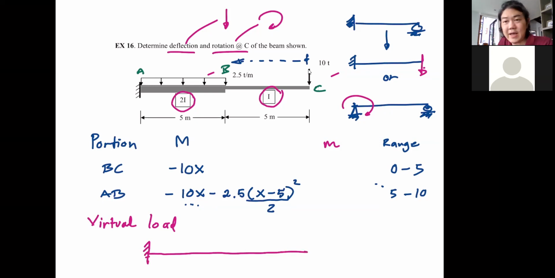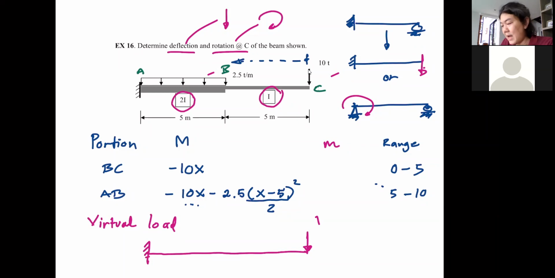And now we apply the virtual load at the location where we want to know the deflection, it would be that one, okay? So that's the virtual load, star or not.